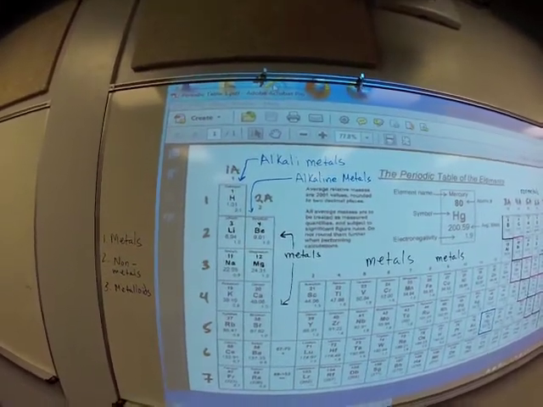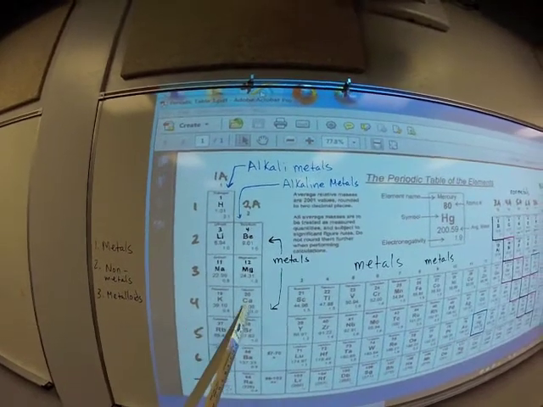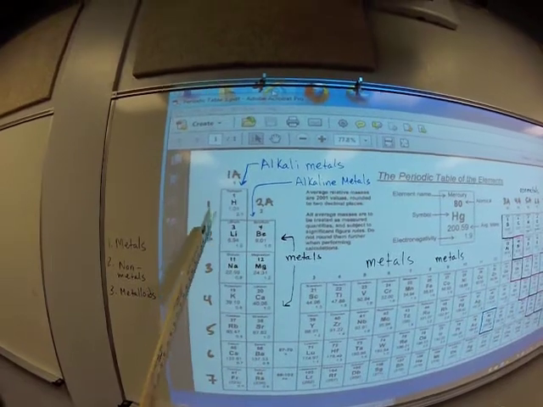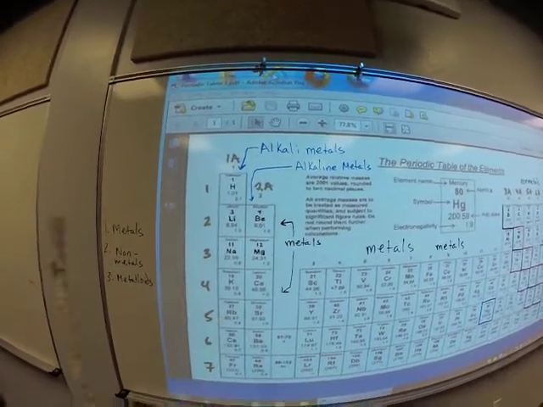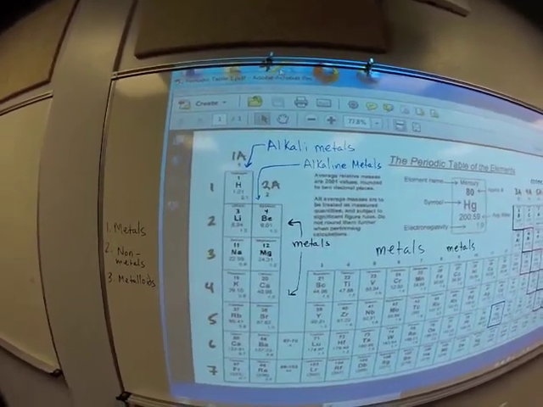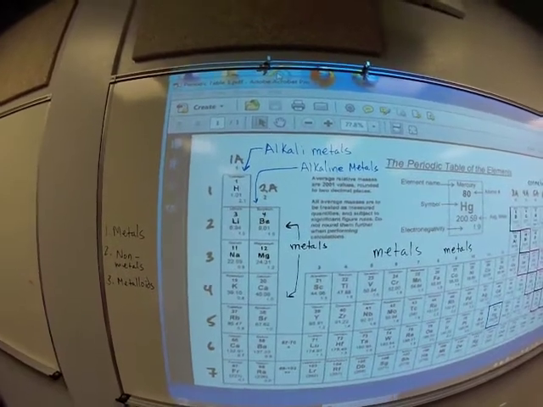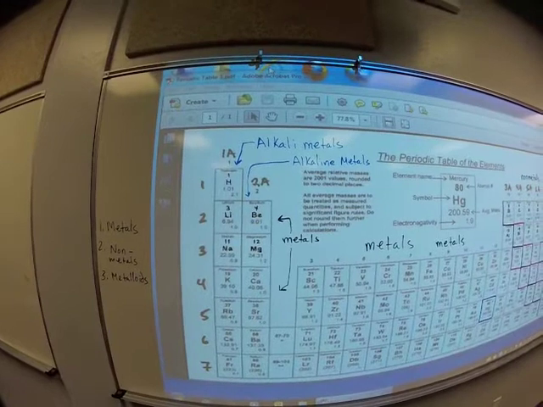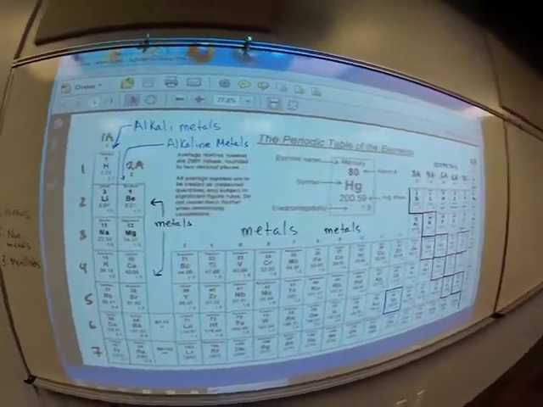So these particular metals are called the alkaline earth metals. So group 2A is called the alkaline earth metals, and group 1A is called alkali metals. And again, they're given these names because of their high level of reactivity, but mainly the fact that they produce basic solutions when they react with water.